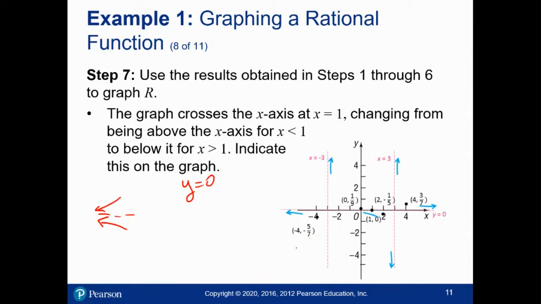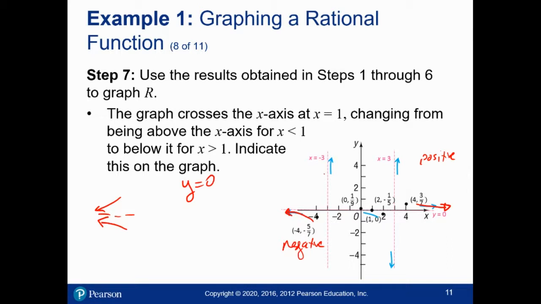But since we knew the graph was negative to the left of this vertical asymptote, it has to do this. Similarly, since we knew the graph was positive to the right of the last vertical asymptote, it has to come in from above on this side. Okay, so we're using the information of where the graph was positive and negative combined with where the horizontal asymptote is to get some good information here.